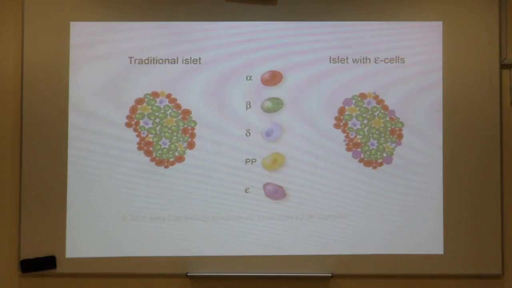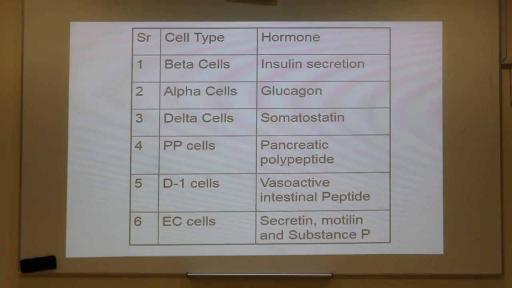There are other cells also, like PP cells and epsilon cells. These are also part of the islets of Langerhans. So if you look at it, the current classification tells you these are the three major cells: beta cells secreting insulin, alpha cells secreting glucagon, delta cells secreting somatostatin.